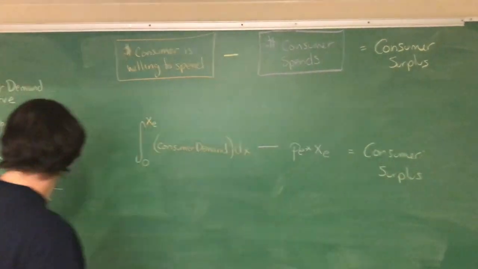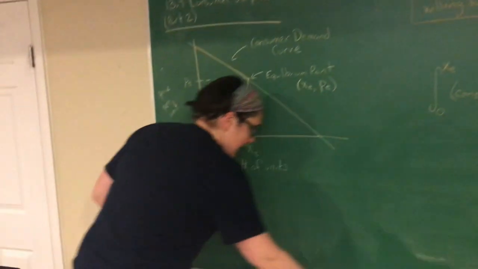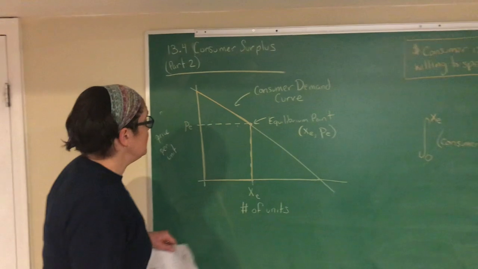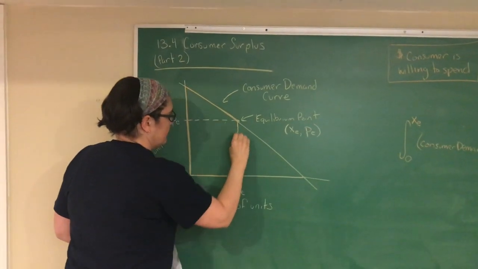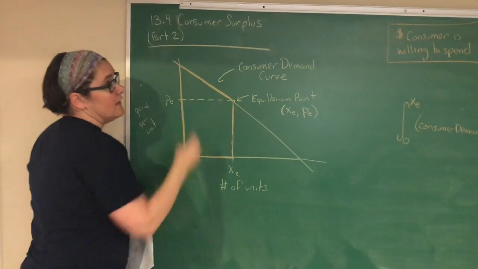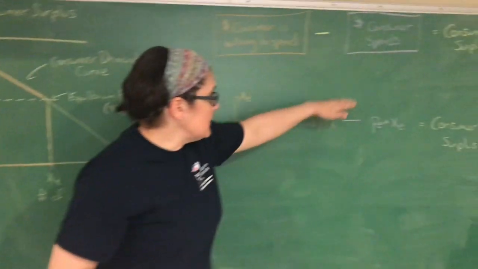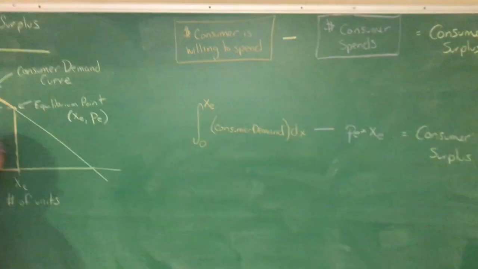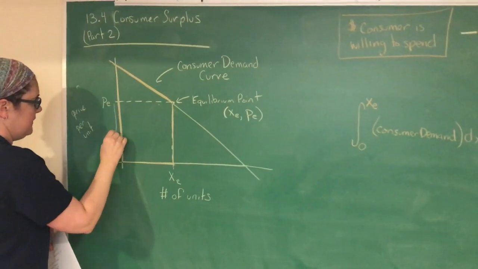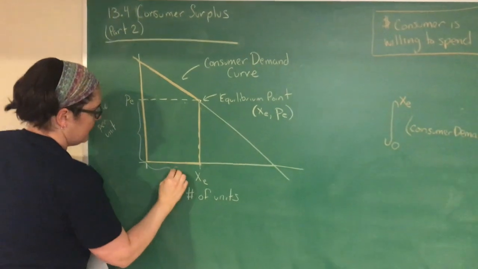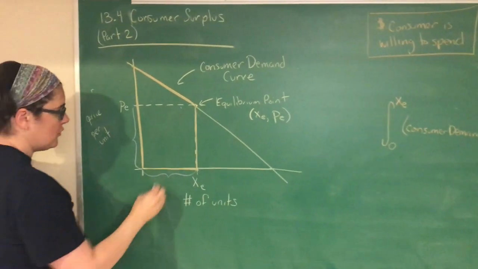In terms of our picture over here, that first integral, the total amount that they're willing to spend, is this entire trapezoid. And the amount that the consumer actually spends is this rectangle here that has a height of the equilibrium price and a width, which is the equilibrium quantity.